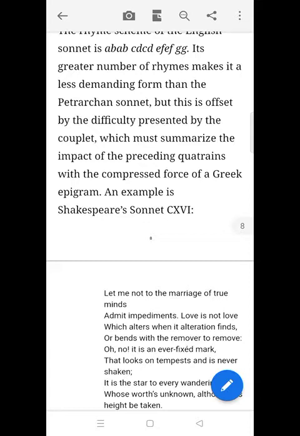So, you have understood the basic difference between the Petrarchan sonnet and the English sonnet, that is, in terms of its structure and rhyme scheme.